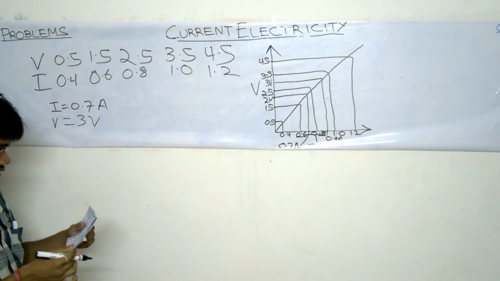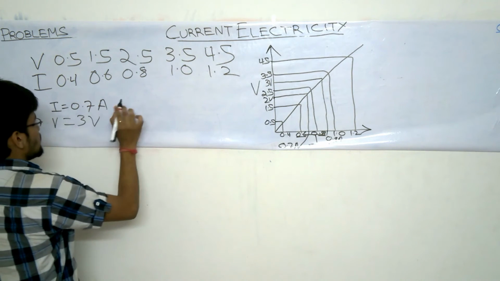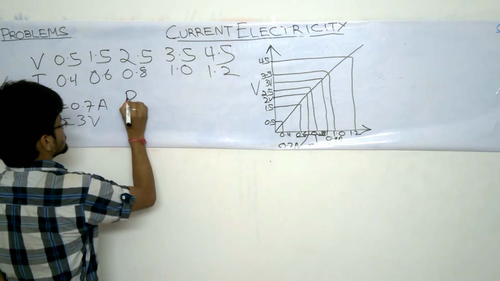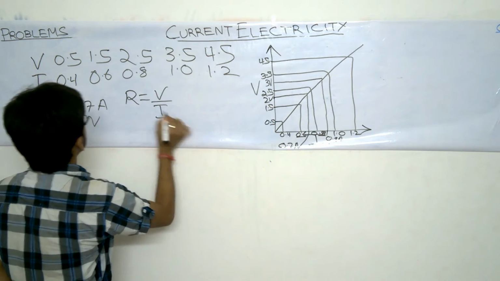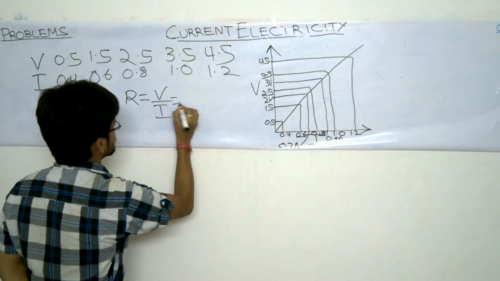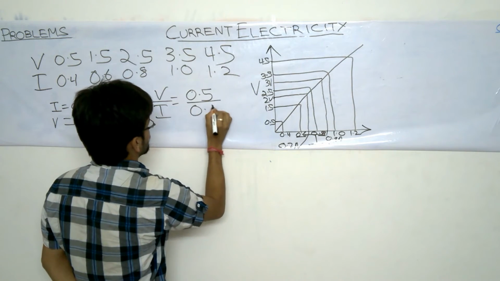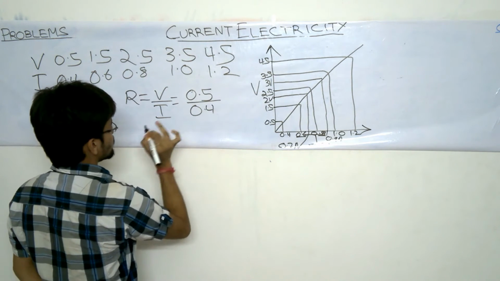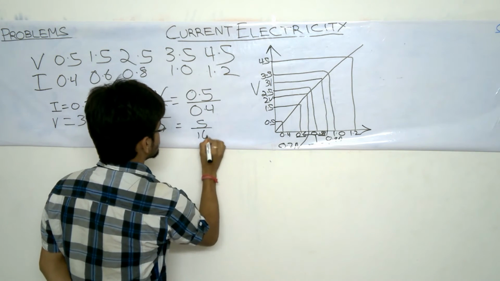Now the third question, resistance of the total circuit. So here we don't need to do anything, just take R is equal to V by I. Now you can take any value out of these. Let us take 0.5 volt, 0.4 ampere. That will be 5 by 10 into 10 by 4.